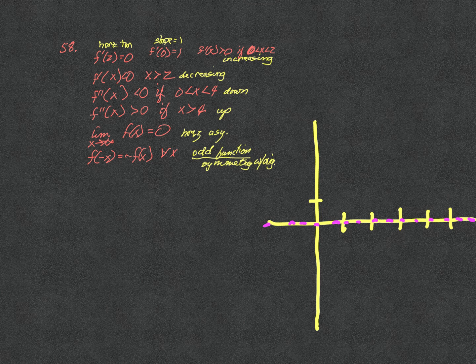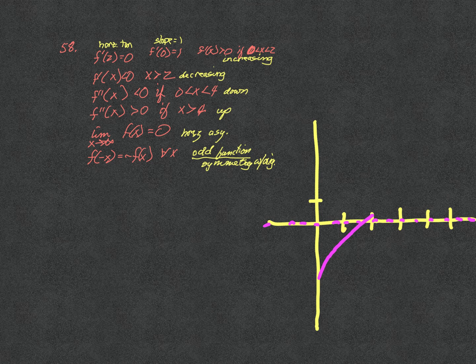So let's see, we're increasing from 0 to 2. But while we're increasing, we are concave down. They don't give us intercepts or anything, so we can go anywhere. So up to 2, increase, we're concave down.